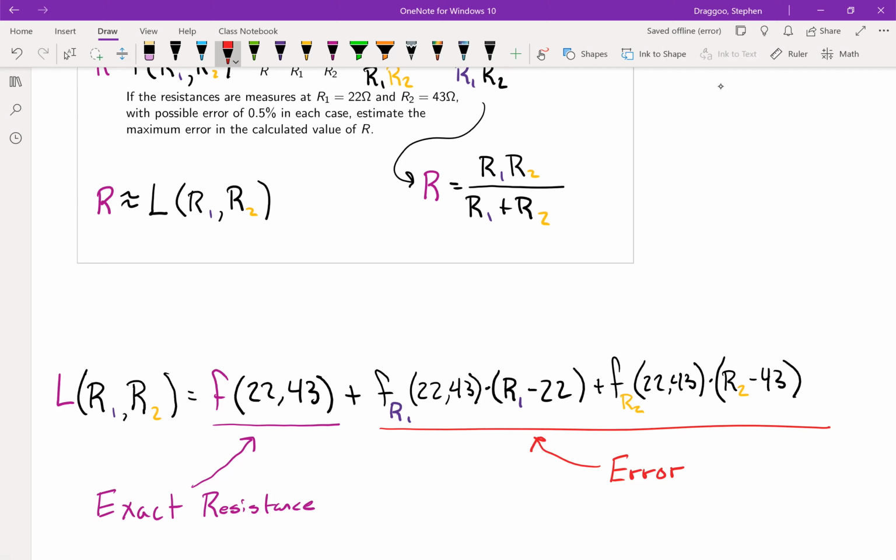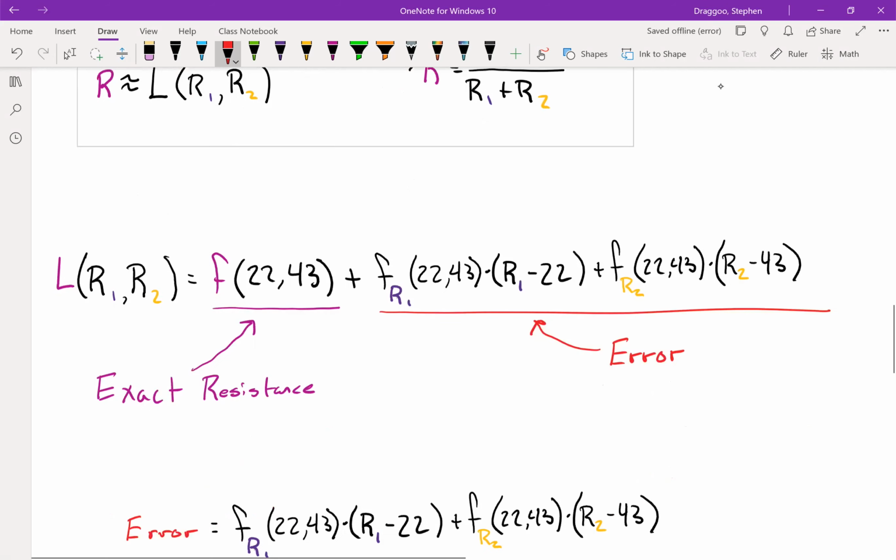And then we're estimating that error with the derivative piece. So if I want to know the error or estimate the maximum error in the calculated value of R, the thing I really want to be doing is just looking at the error term. So I can ignore that exact value piece and just focus on the error part.